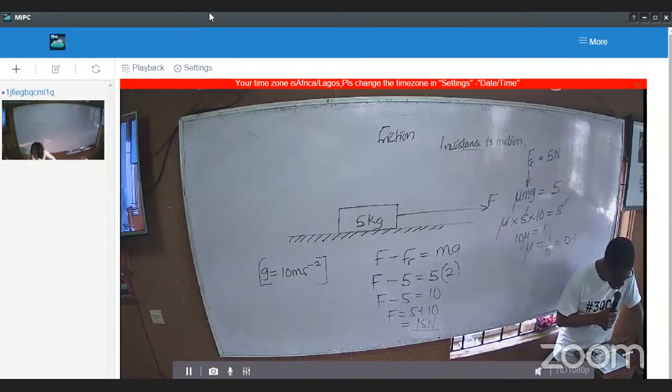Option A, upthrust only. Option B, upthrust and the ball's weight.